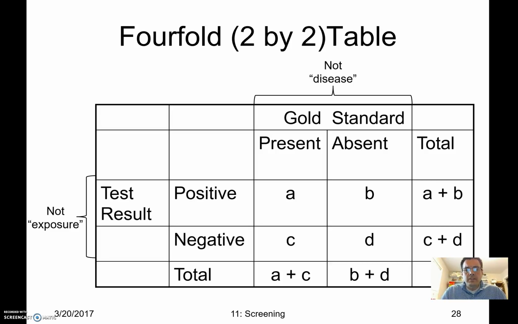Now, when you look at this 2x2 table, I want you to recognize and understand that even though we use the same type of table, the top part of the table is not based on disease. It's based on the gold standard test to determine disease or health behavior. Whereas the left side of the table is not based on exposure.